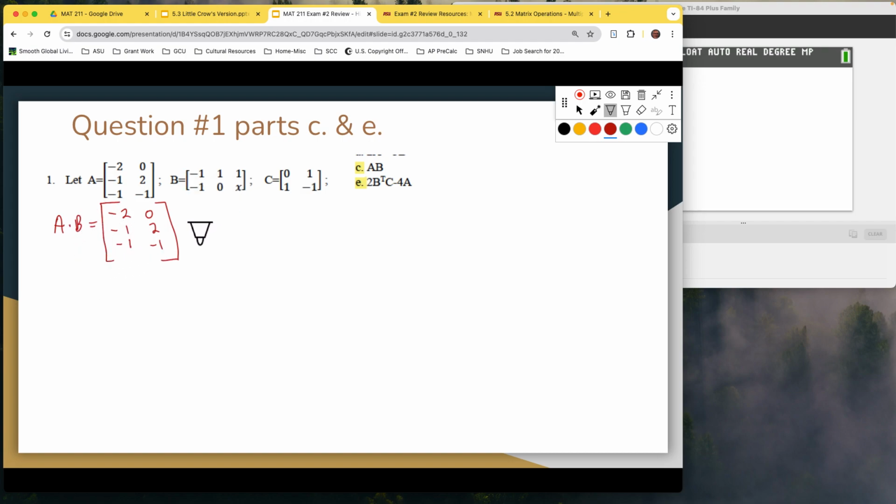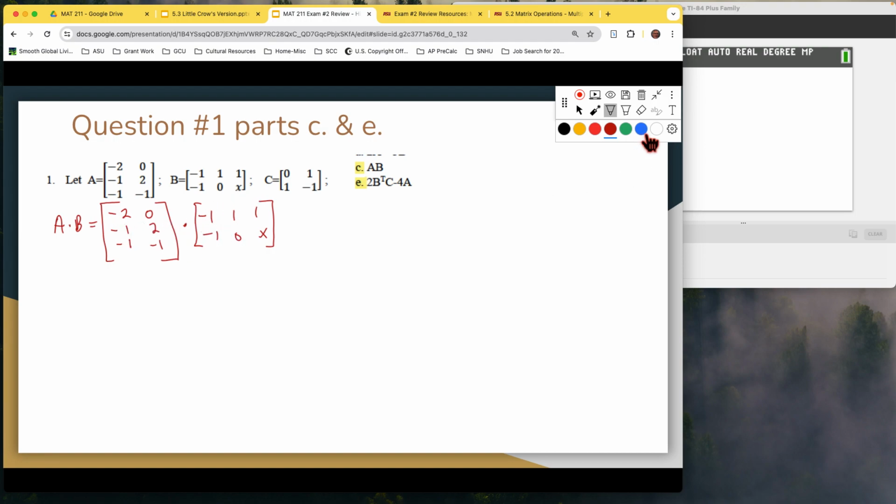And then B second, so we're going to multiply by -1, -1, 1, 0, 1, and x. Now there are just a couple questions that have a variable in one of the matrices, so we are not able to use the calculator on it, but it'll be a simple multiplication, smaller matrices, so let's go through this.